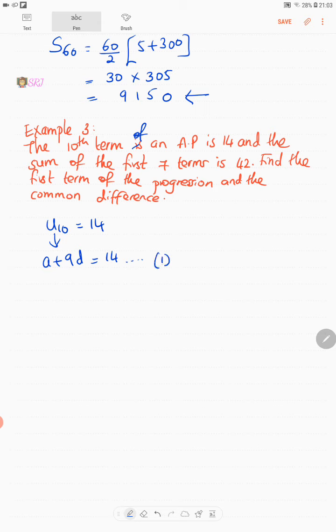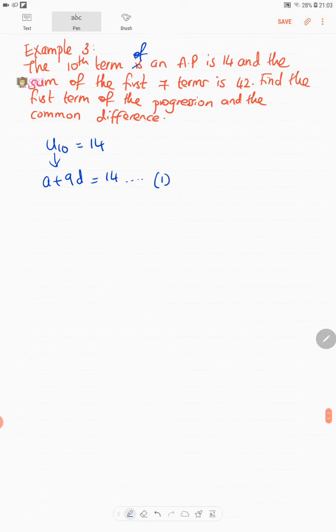And then we are given that the sum of the first 7 terms is 42. So the sum of the first 7 terms, which we write as S7, is equal to 42. Here obviously we don't know the last term, so we apply the second formula.